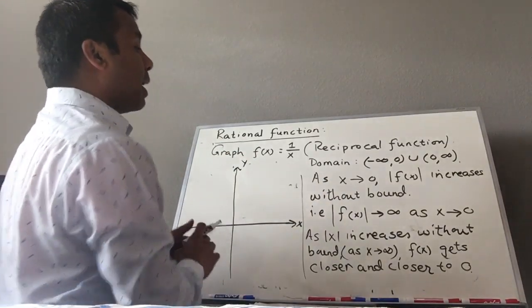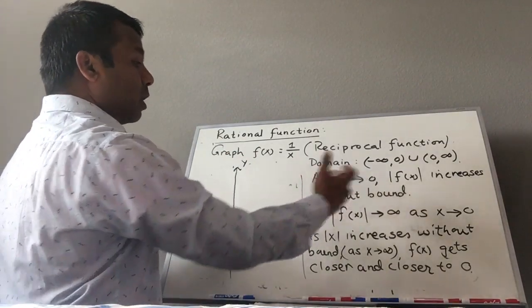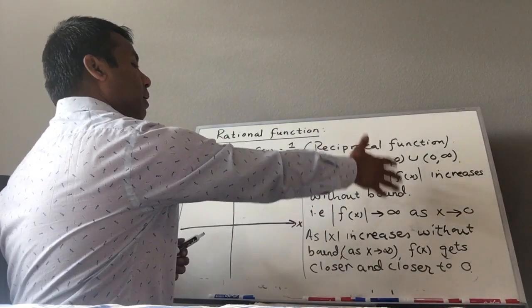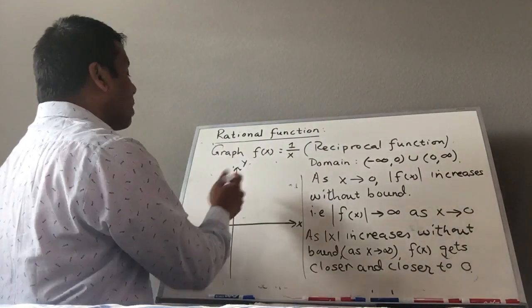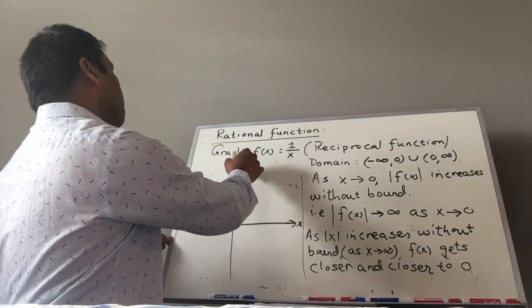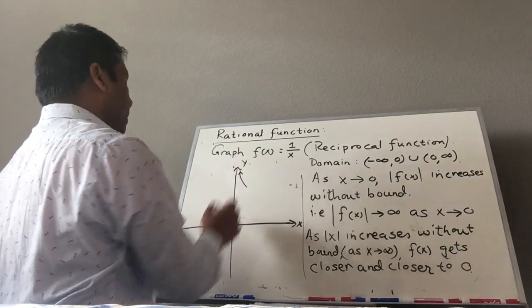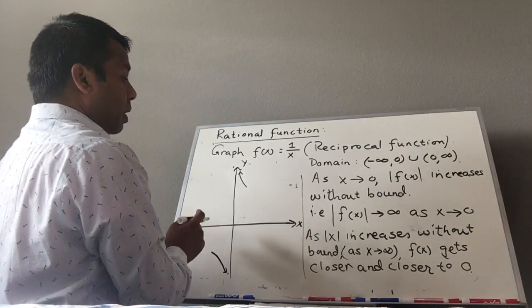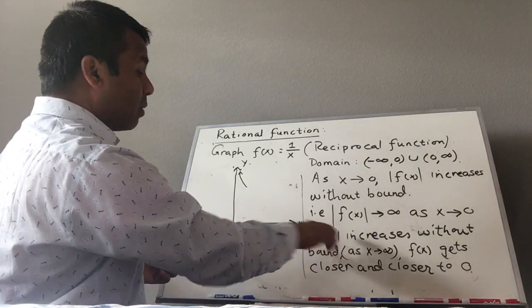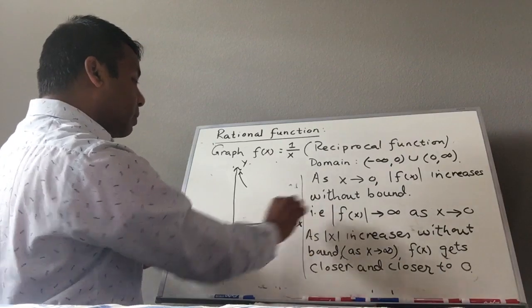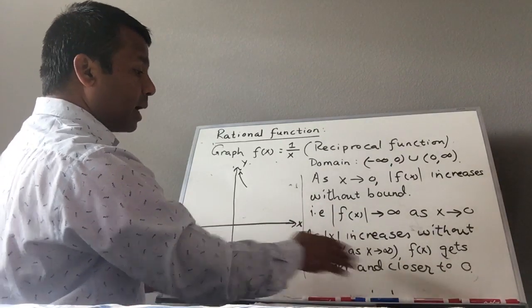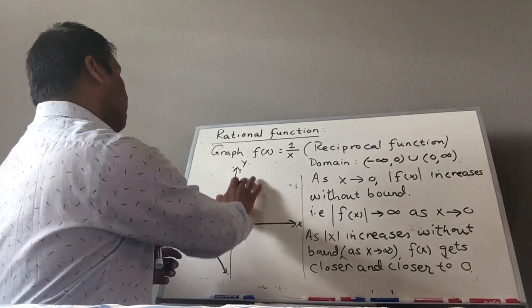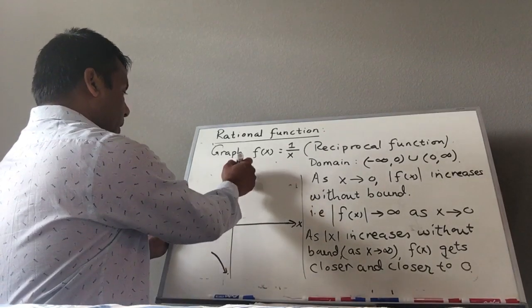We know that as the value of x approaches 0, f(x) increases without bound, so we'll have something like this here, and something like this. And as the value of x increases without bound, the value of f(x) gets closer and closer to 0, so the graph will be something like this.